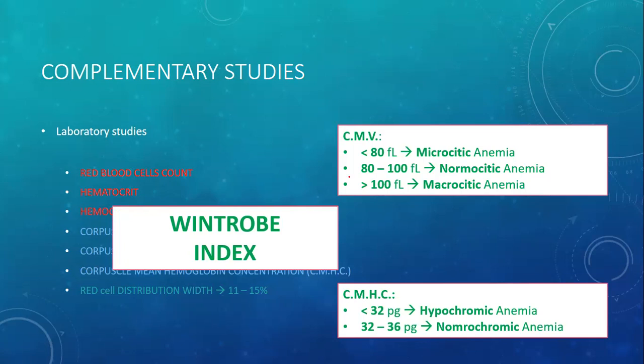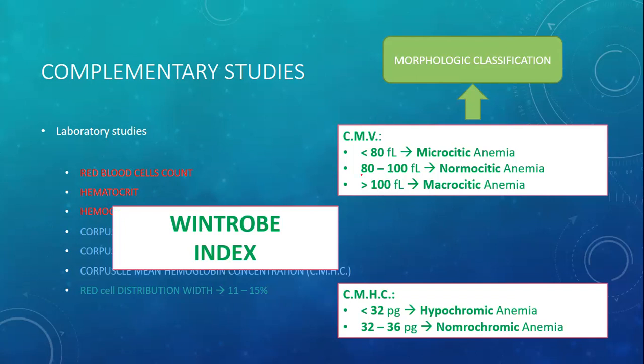So this CMV, what your classmate just told us, tells us about the size of each red blood cell, right? So it can give us the morphologic classification of anemias. The normal range of how big a red blood cell is in terms of volume is between 80 and 100 femtoliters, okay?